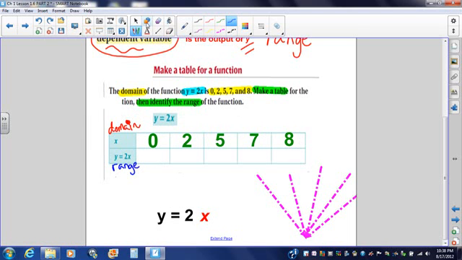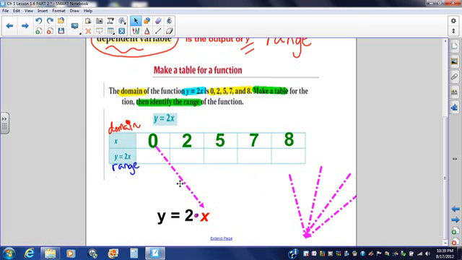All right, so my function, my equation is y equals 2x. Well, I know in math that when the number is touching the letter or variable, nice vocab, bears, that means multiplication. So why don't you put a dot for multiplication? Now, I'm going to substitute, or I'm going to plug and chug.